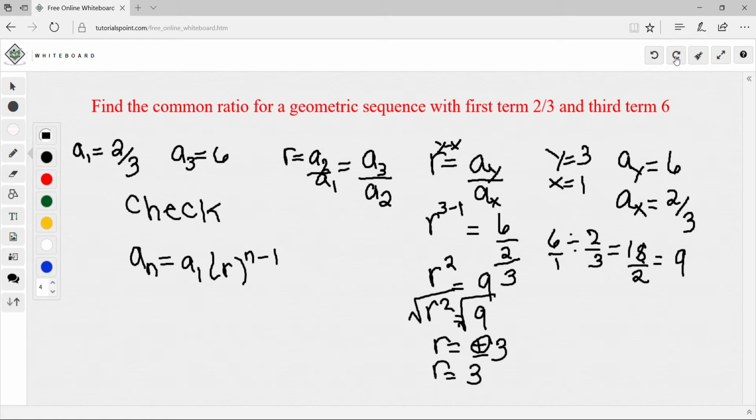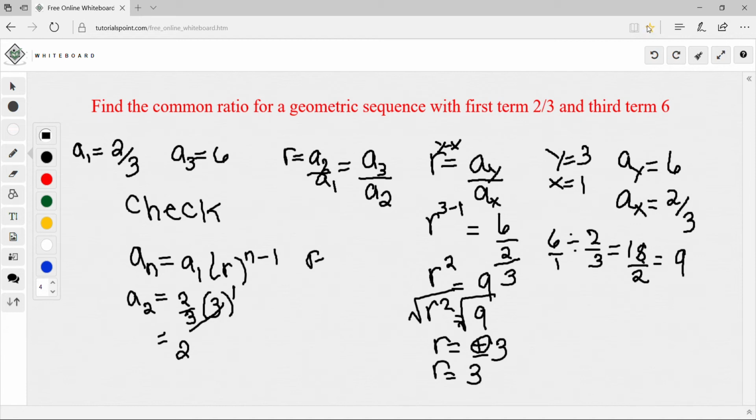So we want to find a2, the second term. So a2 equals the first term, which we know is 2/3, times the ratio, which is 3, to the 2 minus 1, which is 1. Simplify that, the 3 cancels, and you're left with a2 is 2.